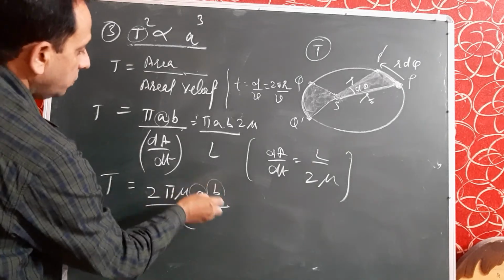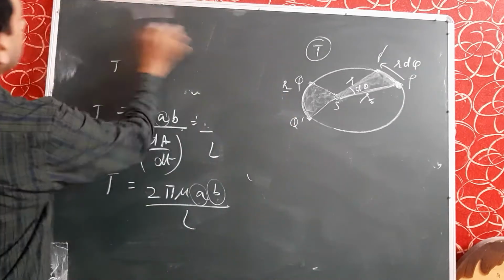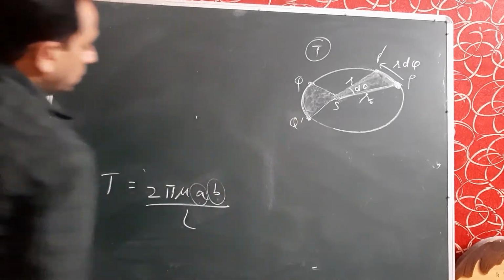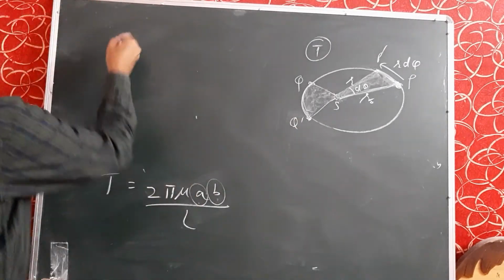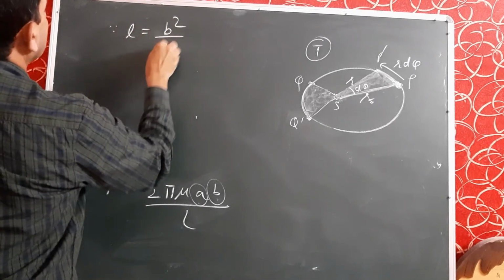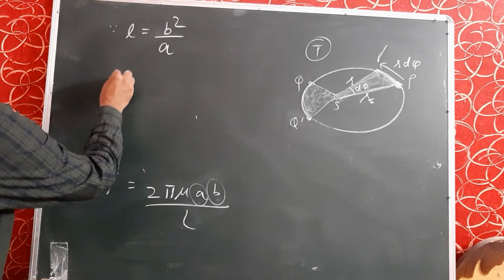So we will convert this b in terms of a by using the formula of latus rectum. So what is the formula? Latus rectum is equal to b square by a. This is the formula from the ellipse. l is equal to b square by a, and also l is equal to L square by mu k.